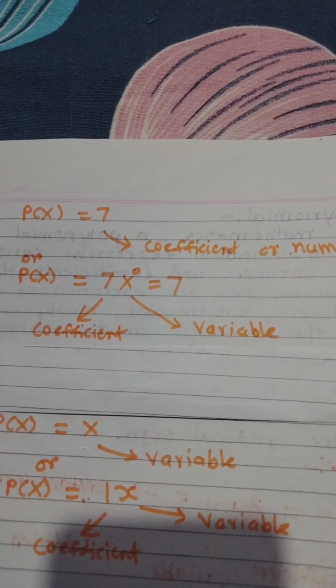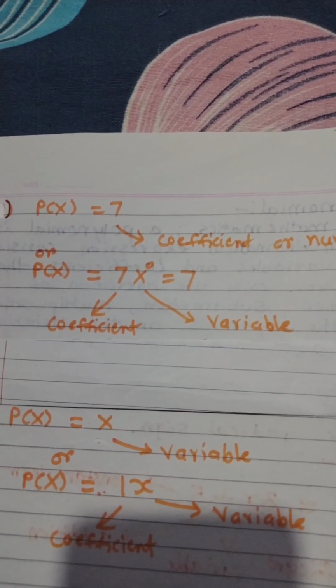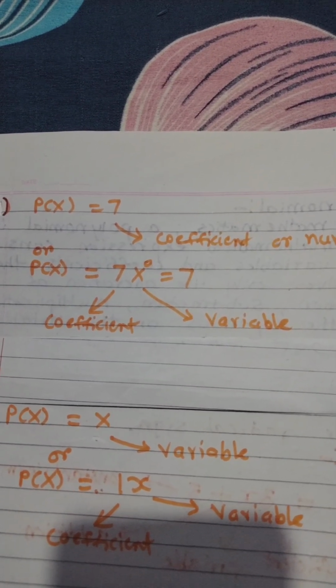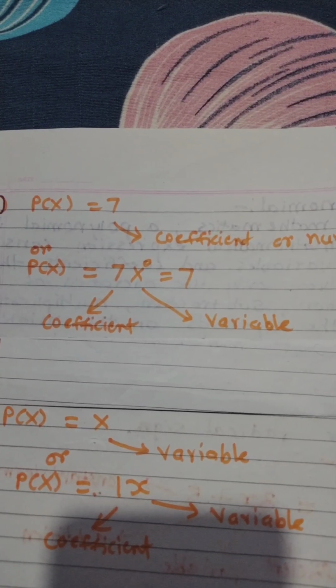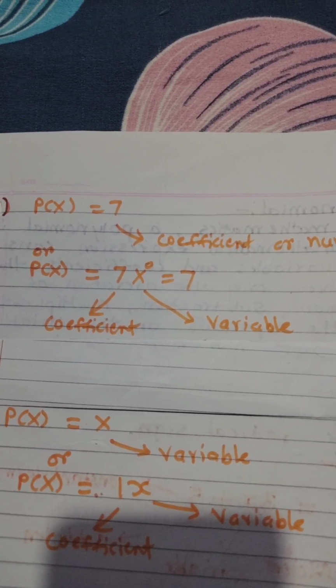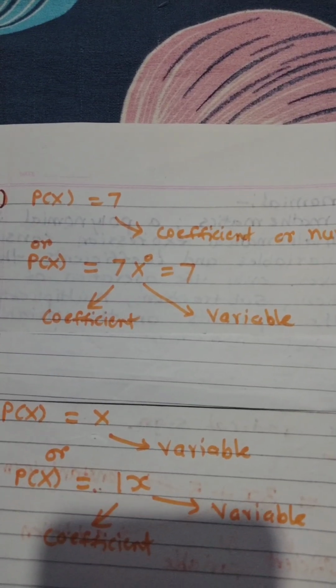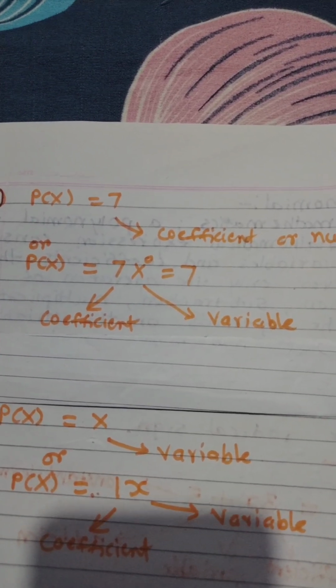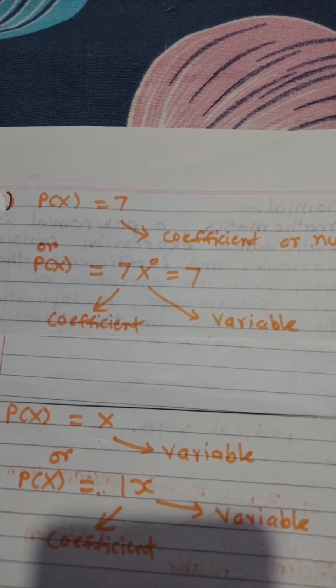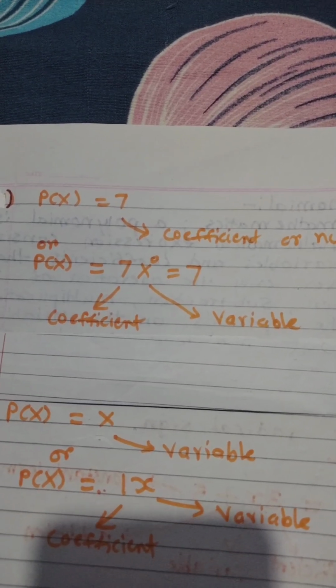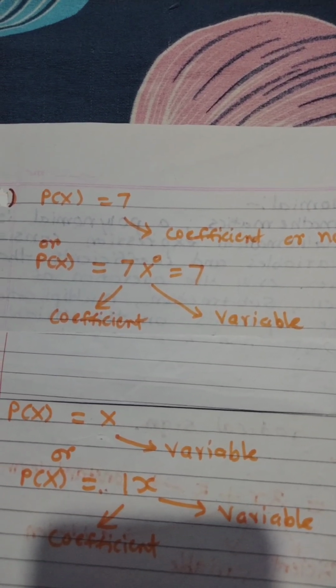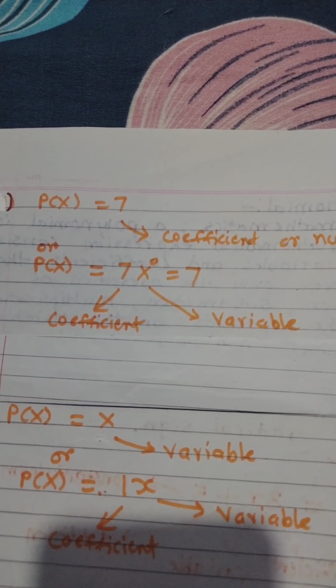Now it involves only the operation of multiplication, that is 7 is multiplied by x to the power 0. It also satisfies the next condition, that the exponent on the variable should be a whole number. Here x to the power 0, so the exponent on the variable is 0, which is a whole number. Now the next condition is that it does not involve division by a variable.